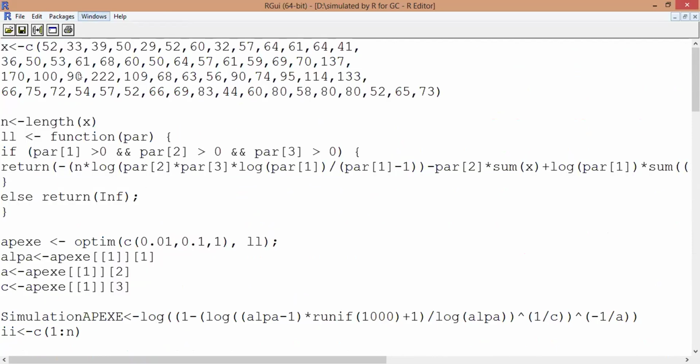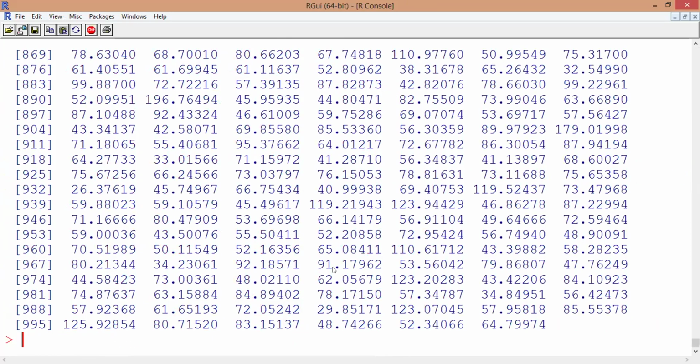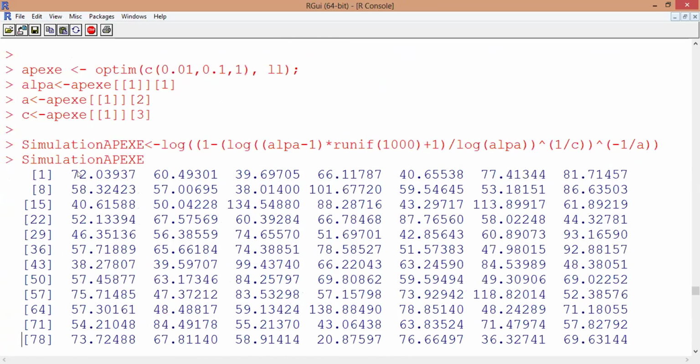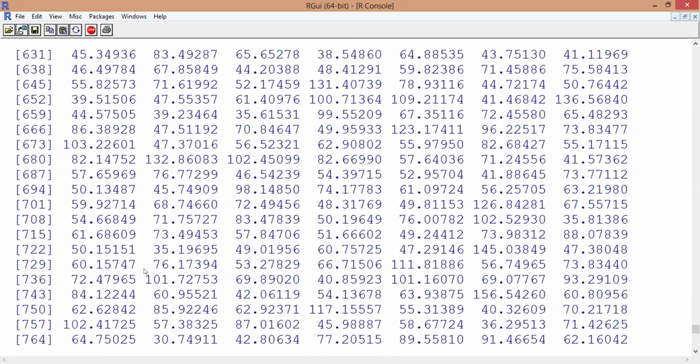We run from the data first, and then we check the simulation. You enter, and you succeeded in simulating 1,000 data. Okay, this one goes until 1,000 data.